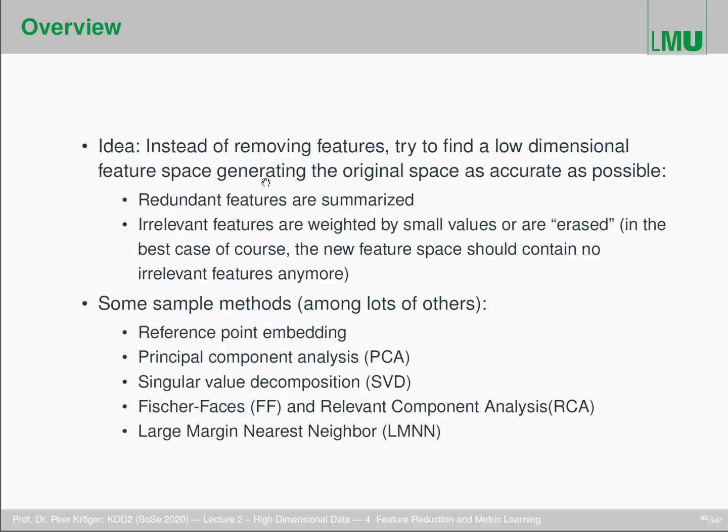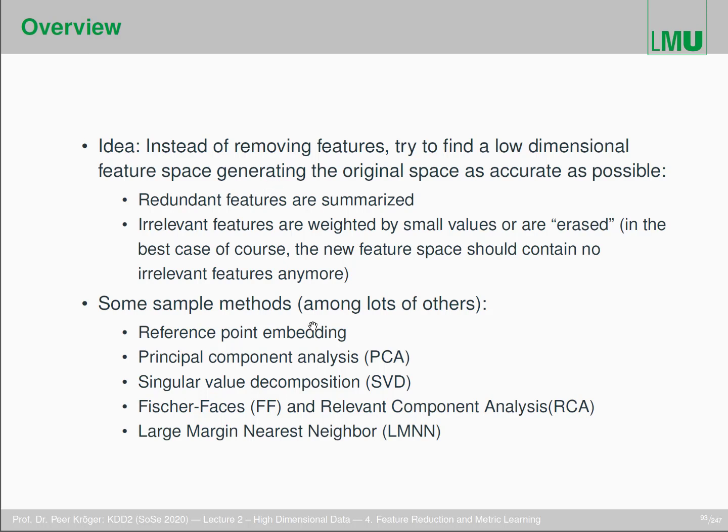But sometimes, since we just aggregate the irrelevant features or sum them up, like the redundant ones, they are not really erased, but somehow weighted at least smaller, so that they don't bias my data mining problem, my algorithm, my solution, and especially the curse of dimensionality should be eased.